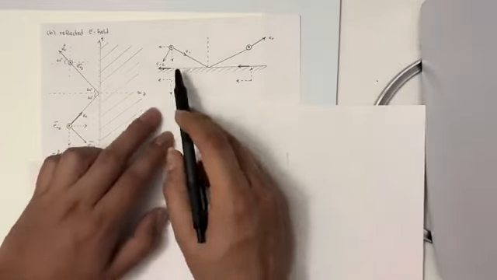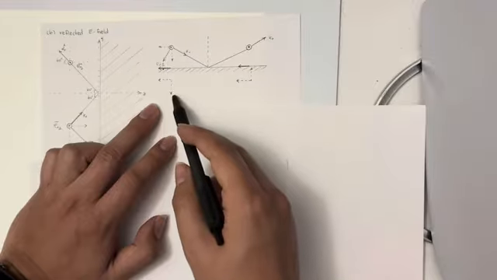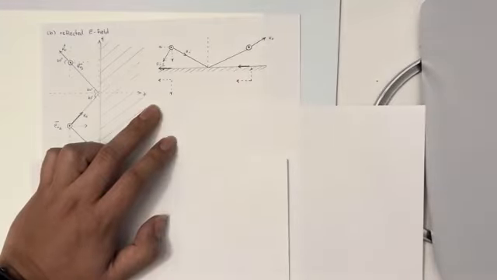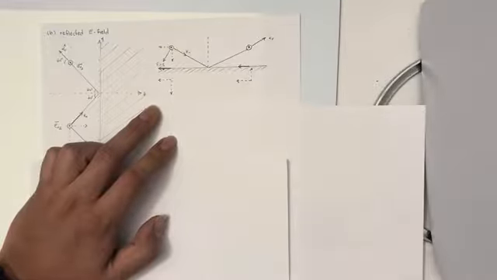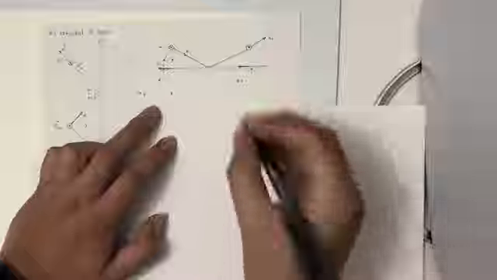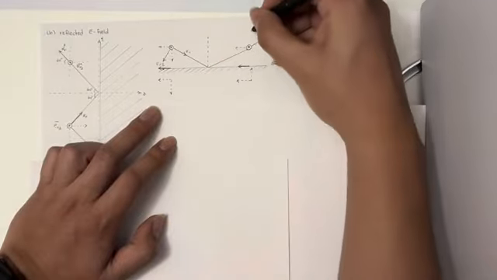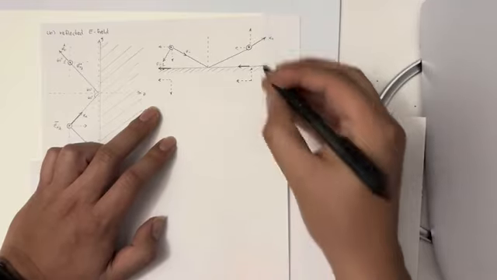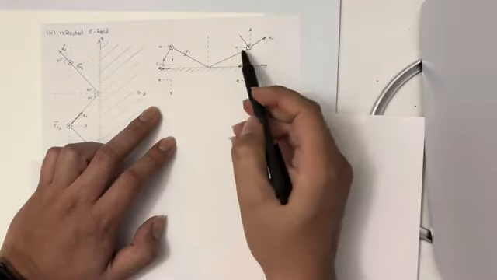And since this part of the incident E field is going down into the medium, or perpendicular into the medium, then it becomes flipped and it goes up. And so with this knowledge, we can show that the reflective E field 1 goes up like this.